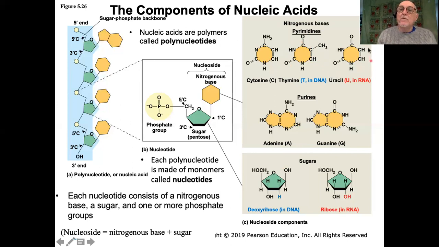But in RNA, we use this base here. Very, very similar indeed, but this is uracil. So uracil is characteristic of RNA, thymine characteristic of DNA.